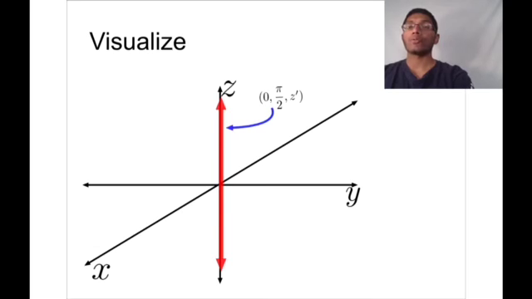So I'm just going to draw a few points here just to keep things clear. So this is our line of infinite charge, and at this point I've drawn this point of interest as, the source point is 0, pi over 2, and z prime. And just to be clear on what that is, this is the convention of notation I'm using.